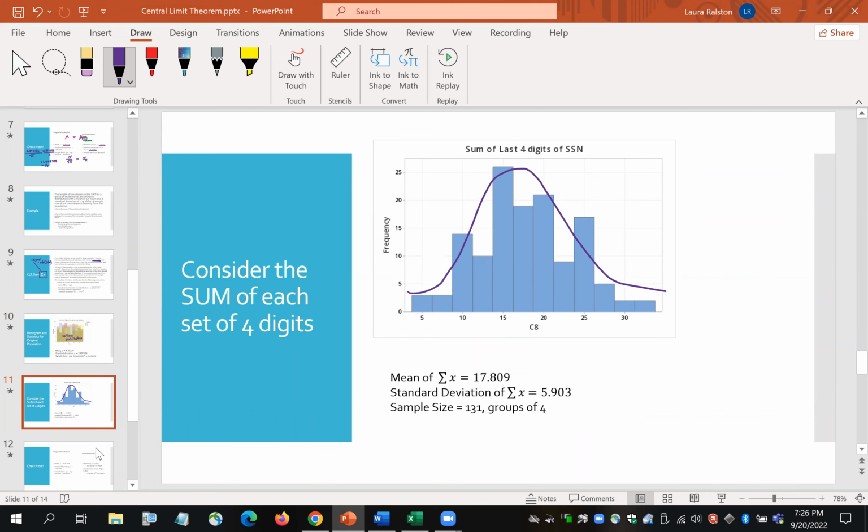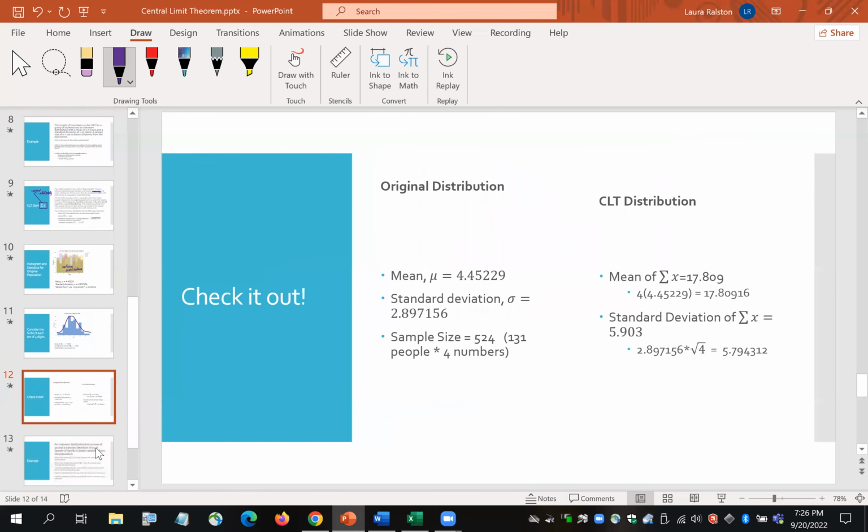Now this one looks a little wonky when you start looking at the numbers because it says the mean of the sum is 17.809. The standard deviation of the sum is 5.903. And we did have 131 groups of 4. Let's put those numbers side by side again. You've seen it visually.